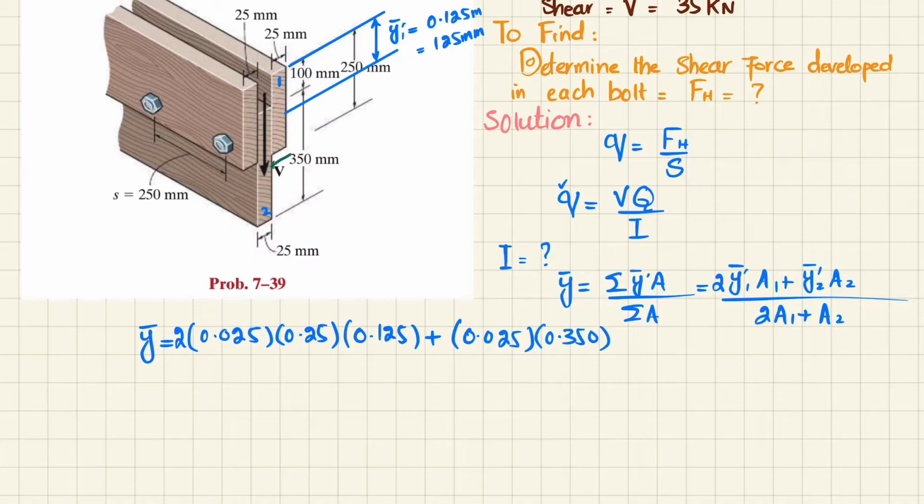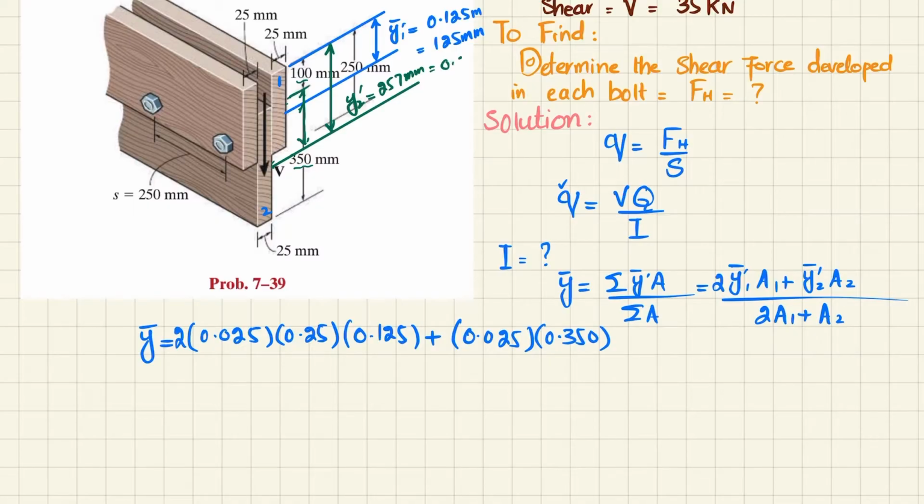Let this be the mid of the section, clear. So this is your y2 bar. Now y2 bar is equal to, you can see the half of 350 is 175, so it will be till this point 175 plus this 100, plus this 100, which is 275 millimeter.